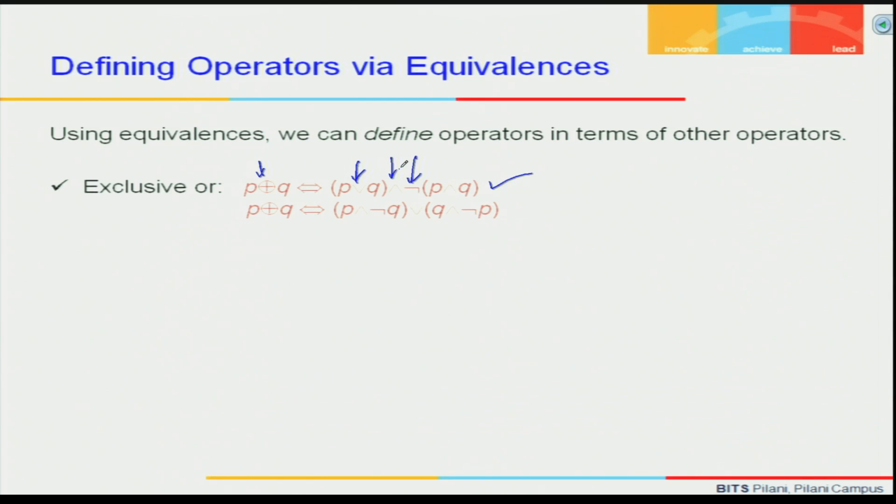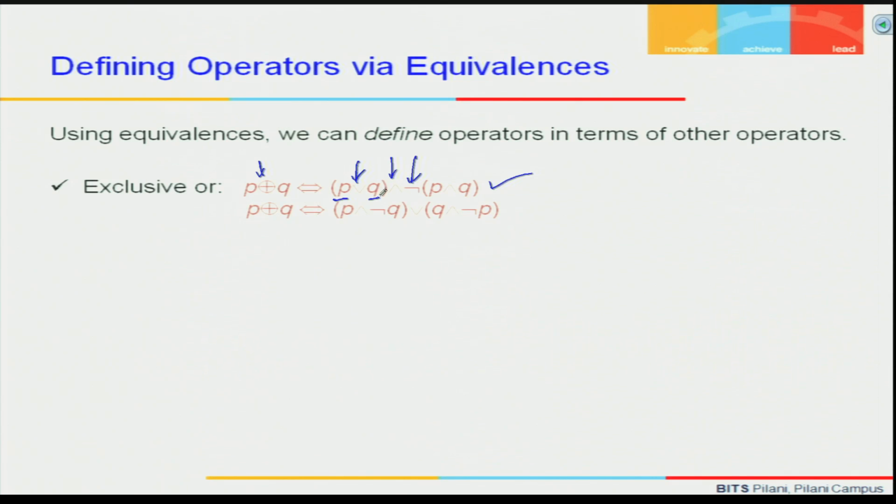That is what I mean by one operator being defined in terms of other operators. This is quite intuitive, isn't it? P exclusive OR Q is defined as either P or Q but not both. That is exactly what it means.